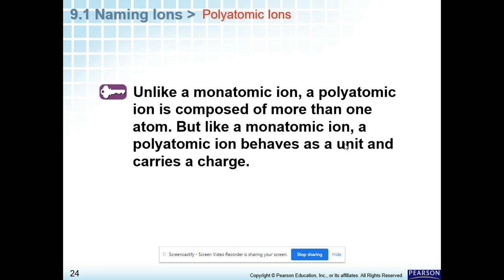Unlike a monoatomic ion, a polyatomic ion is composed of more than one atom, and that becomes important for you being able to recognize them. However, just like a monoatomic, polyatomics behave as one single unit and they carry a charge. So they can be positive or they can have a negative charge.